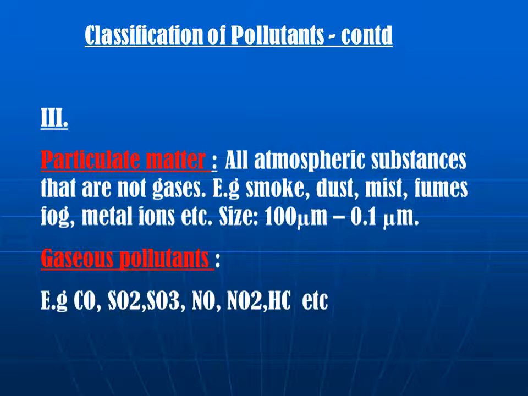Example, smoke, dust, mist, fumes, fog, metal ions, etc. They have the size range between 100 micrometer to 0.1 micrometer. Gaseous pollutants mainly include carbon monoxide, sulfur dioxide, sulfur trioxide, nitric oxide, nitrogen dioxide, hydrocarbons, etc. These usually have the size less than 0.1 micrometer.